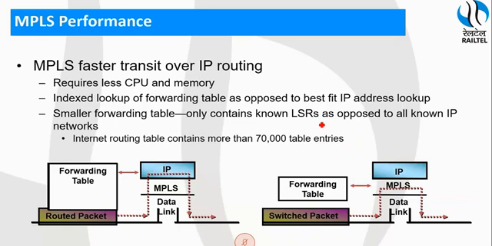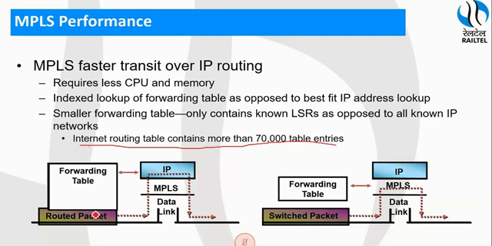An OSPF protocol will have the information of the entire area, but in this case it will have the information of only the needed routes. The internet routing table contains more than 70,000 table entries. That is just to give you a sense of how many entries could be there in the routing table. It depends upon the router backplane capacity also, but that is an average.